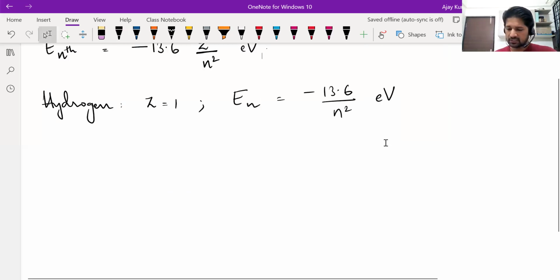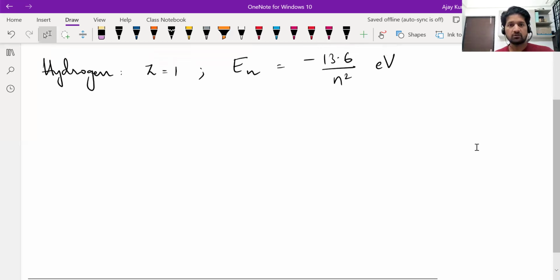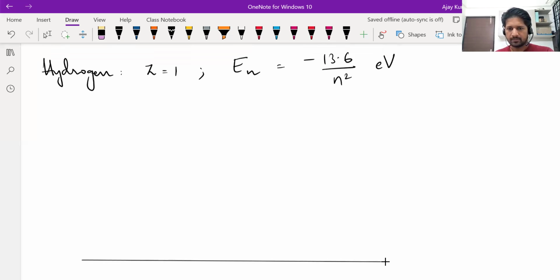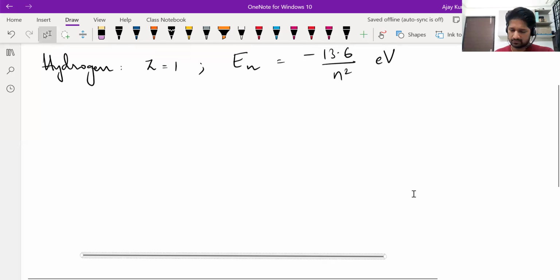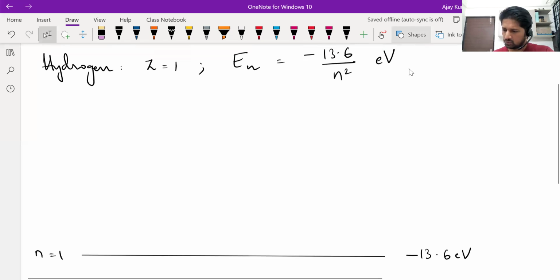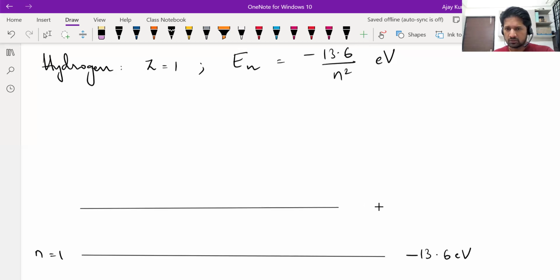Fine. So in the first orbit, n is equal to 1, which is called the ground state of the electron, the energy is going to be minus 13.6 electron volts. Next, if you substitute n as 2, the energy becomes minus 13.6 divided by 2 square, that is minus 13.6 divided by 4, which is about minus 3.4.